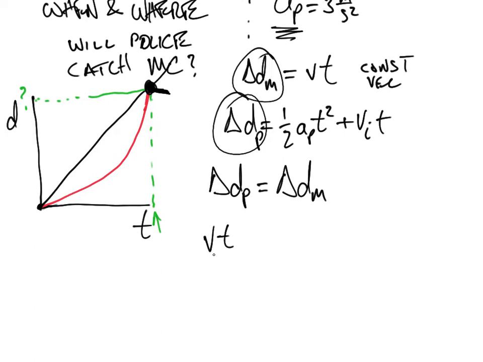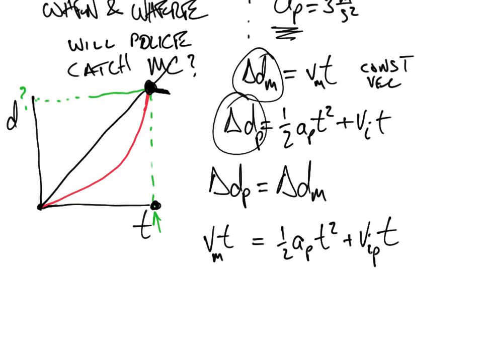That's just V_M t, where V_M is the motorcycle velocity, is equal to 1/2 acceleration of the police times time squared plus initial velocity of the police times time. And what time is this in this equation? Well, it's this time right there.